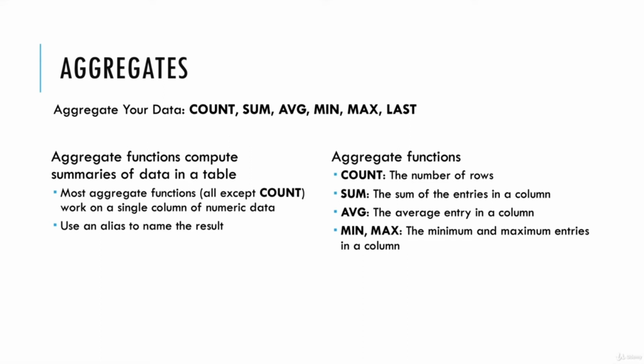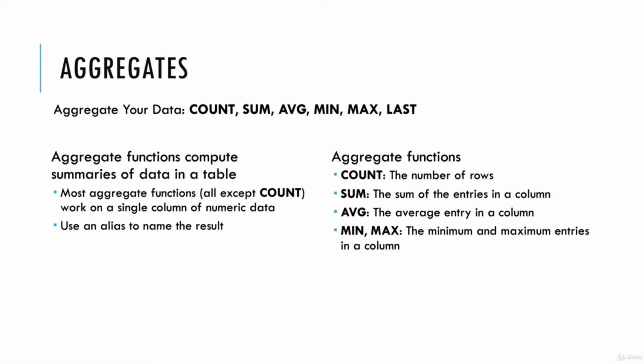Most of the aggregate functions, with the exception of count, work on a single column of numeric data. Now, last and count are a little bit interesting, but for sum, average, min, and max, typically you'd be using this on numeric data. Now, you could use it on non-numeric data. It's probably just not going to work the way that you like.